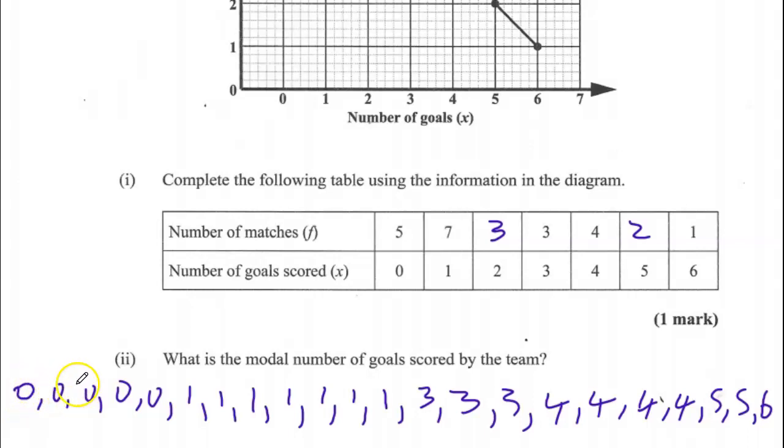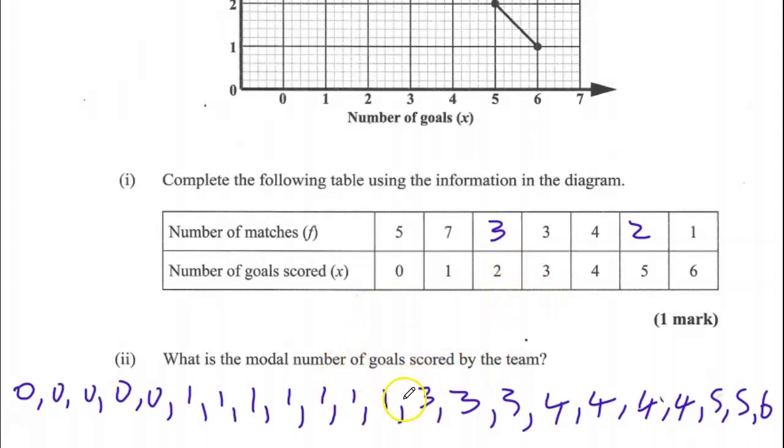Hold on, I left out the 2s. Remember, 5 matches, so 5 zeros, 7 ones, 3 twos.